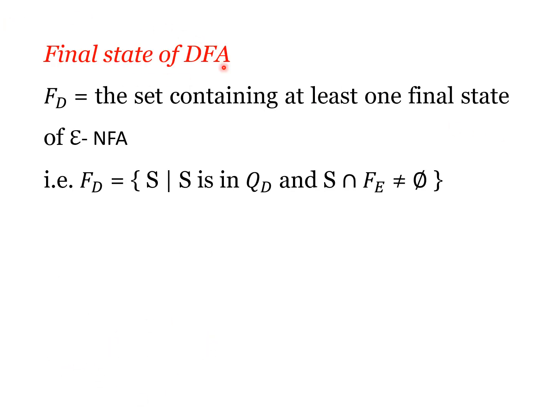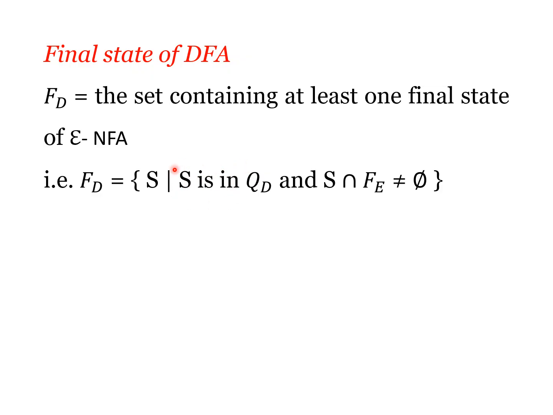And what about the final states of DFA? With respect to the final states of DFA, a set containing at least one final state of the epsilon NFA is going to be a final state of your DFA. That is, let us assume you have a subset of the epsilon NFA states that is a valid state in the DFA.